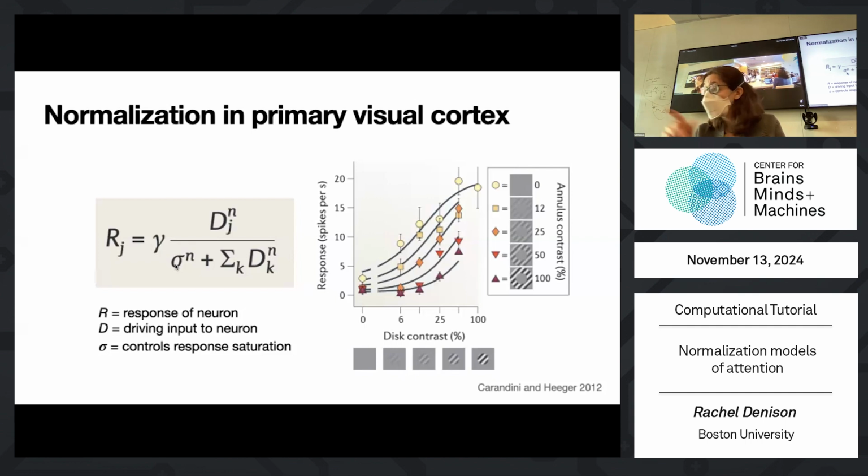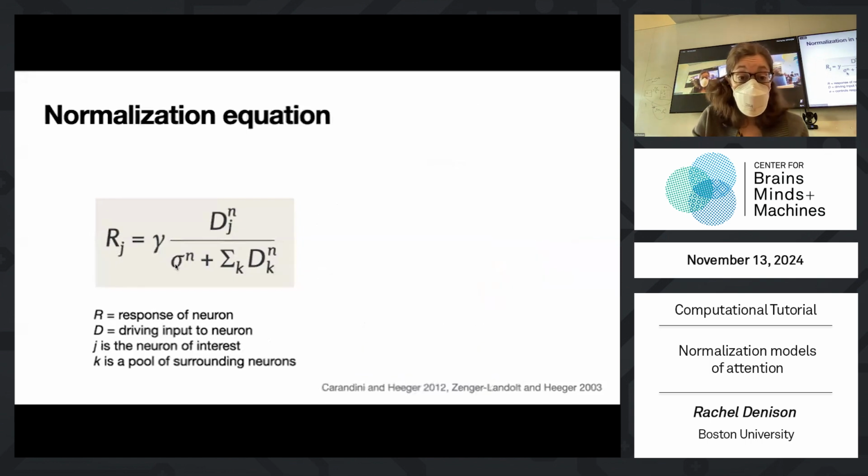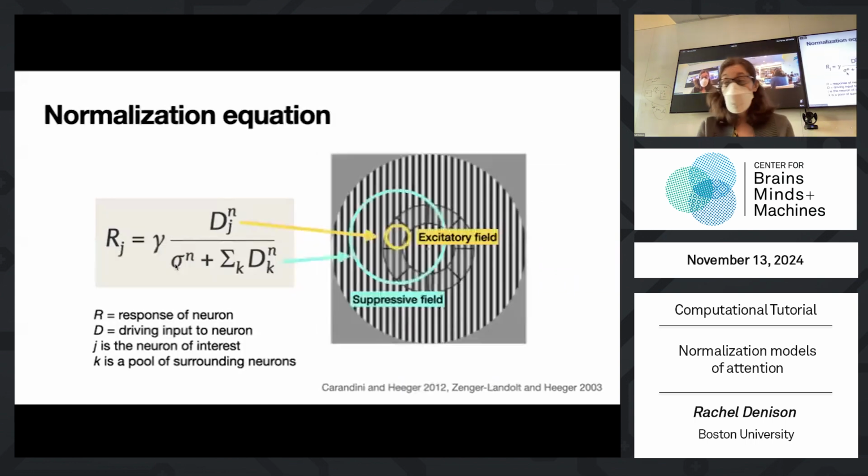Are neurons close to neuron J going to have a stronger suppressive effect? Yes, this is a good question. So I've kind of drawn it here in this very uniform way, right? As though all neurons in that field have an equal suppressive effect, and that's how it is in this equation.